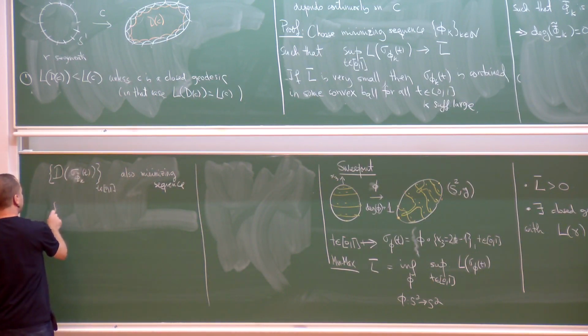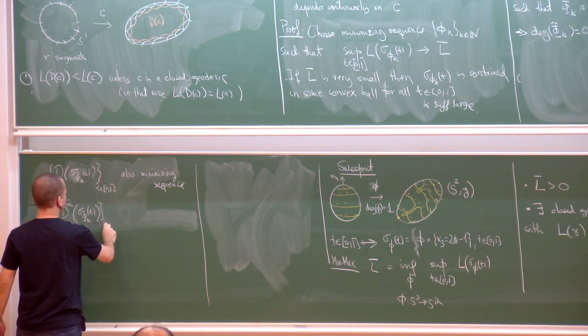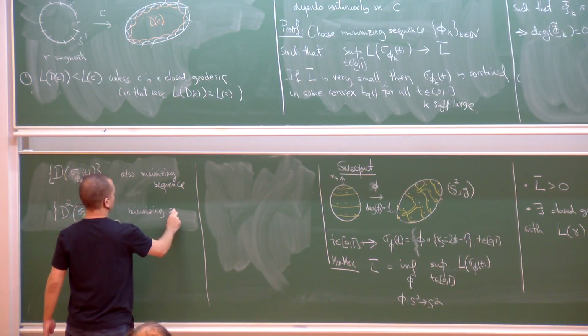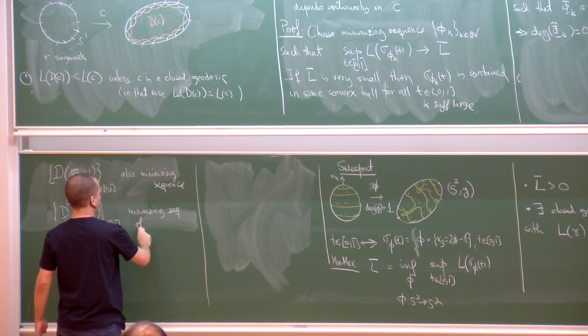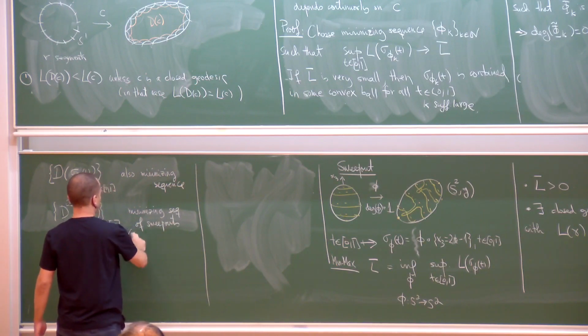And now I apply D again, I square. This is a new sequence of sweep outs by broken geodesics, again a minimizing sequence.